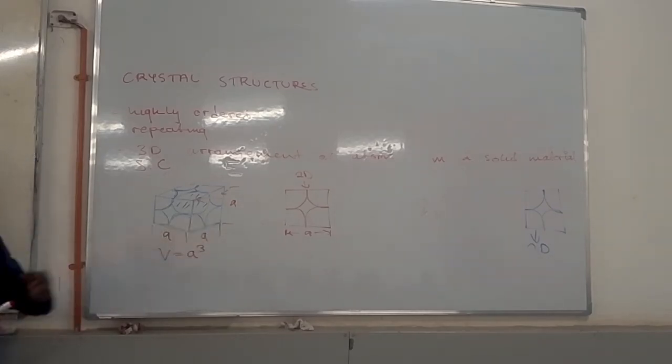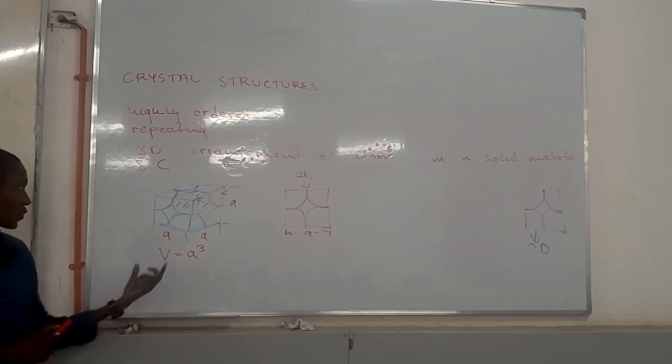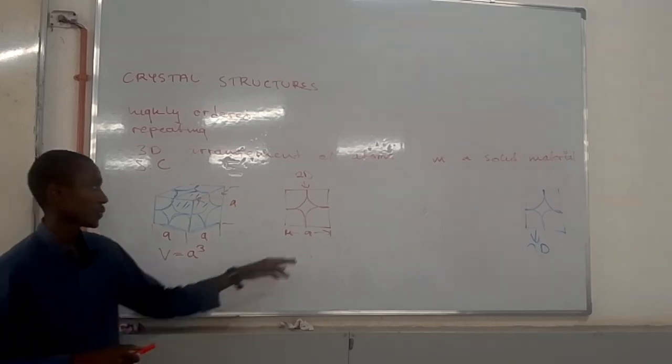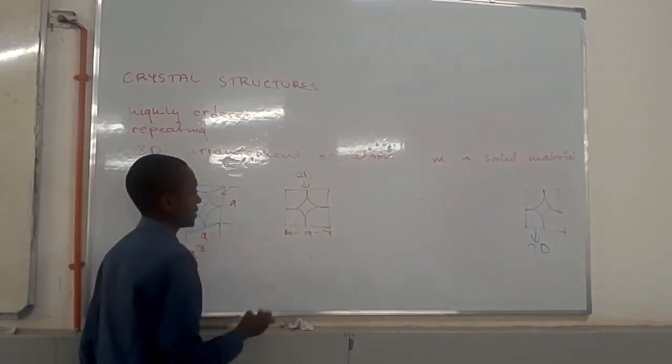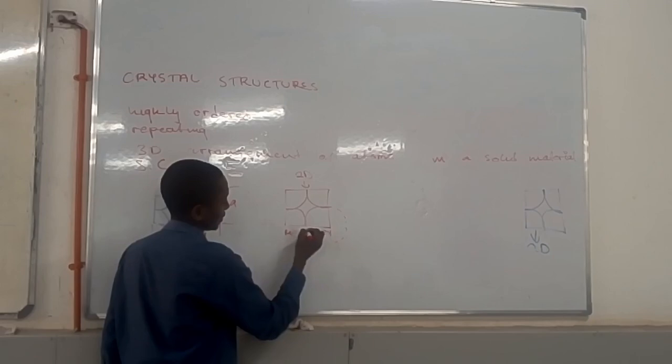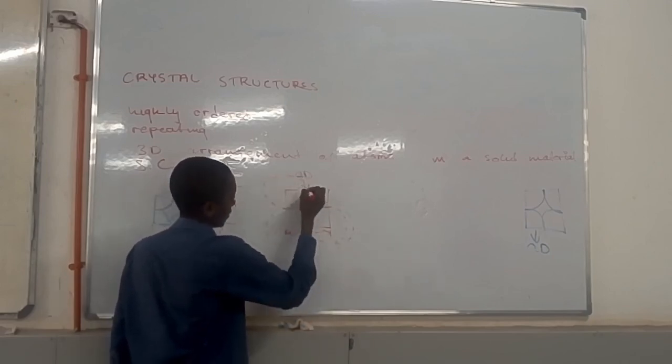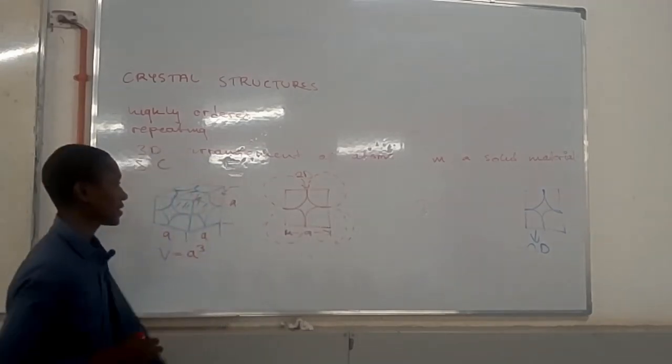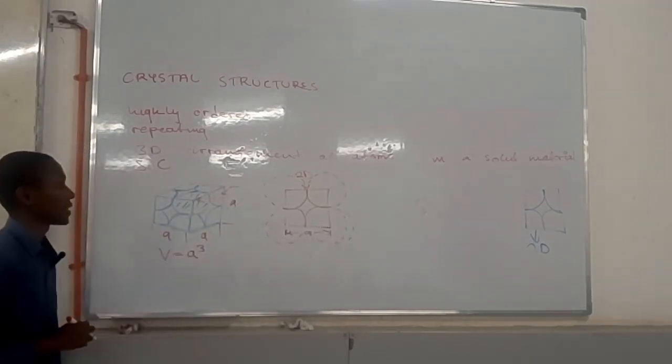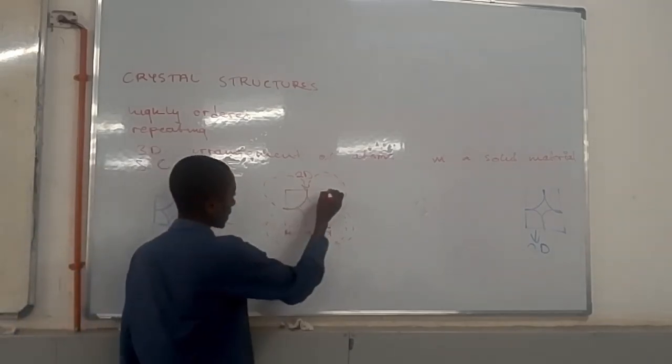If we're talking about the iron atom, for example, or the copper atom, we can tell what the radius of a copper atom is. You can tell what the radius of an iron atom is. So we don't know what A is, but we know that these are atoms.